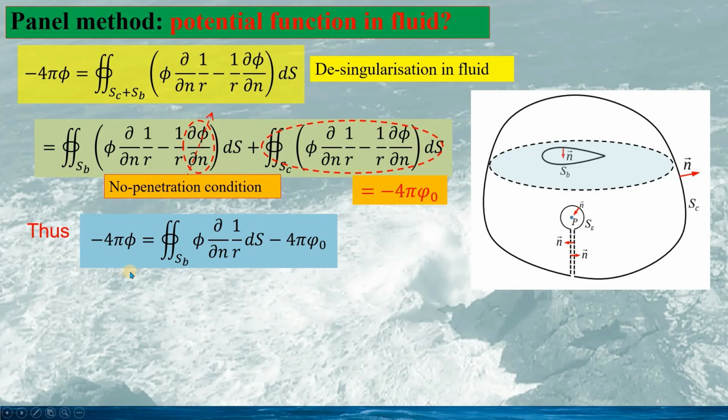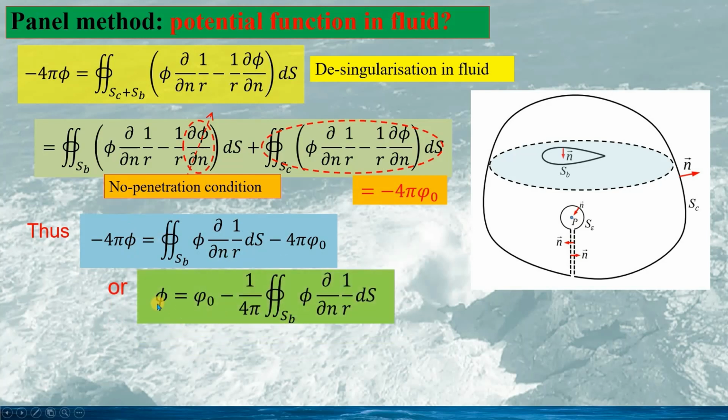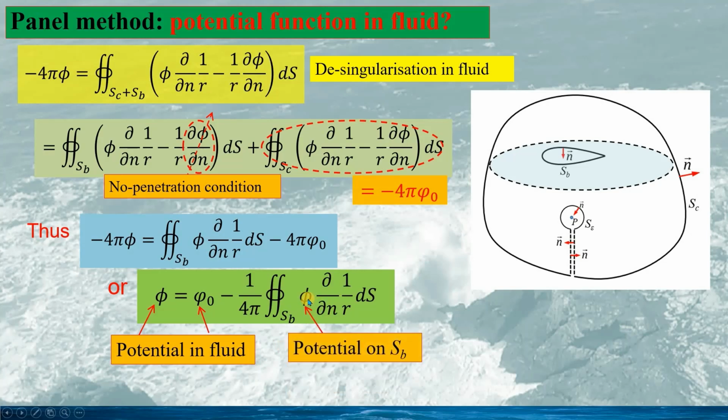Thus, we have the expression for calculating the potential function in the fluid phi, given as this, or calculated as this. Here, phi 0 is known, and phi on SB is solved using the panel method. Thus, we can calculate the potential in the fluid phi. These are the potentials in the fluid, and this is the potential on SB.